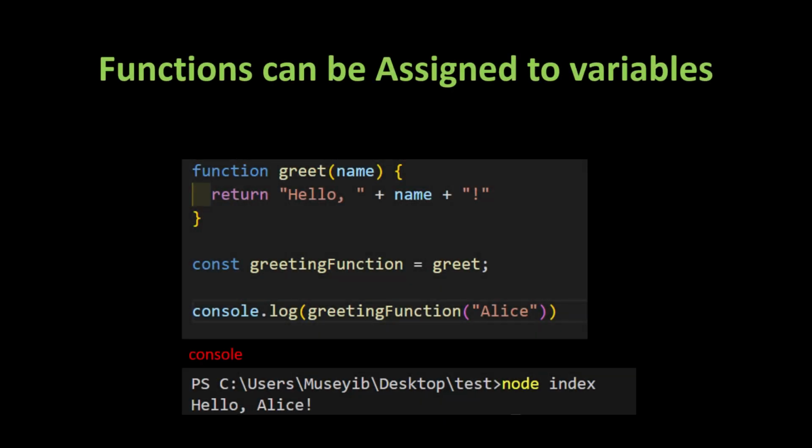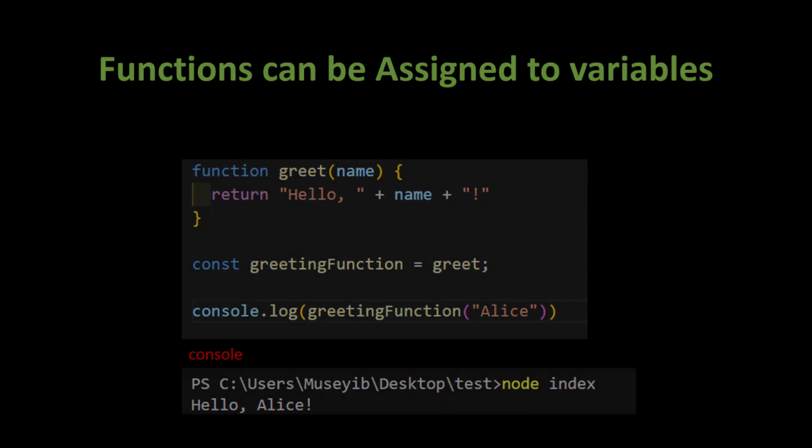Another feature of JavaScript is having functions as first-class citizens. First-class citizen means being able to do what everyone else can do. It means in JavaScript we treat functions like any other variable. Firstly, functions can be assigned to variables. Here we've got a function called greet. We assign this function to a greetingFunction variable, and after that we can execute the greet function through the greetingFunction variable.